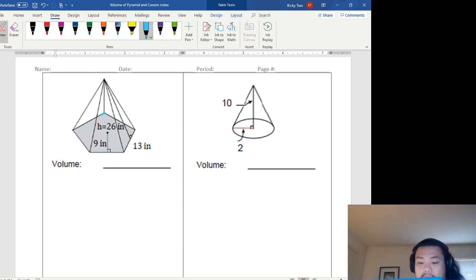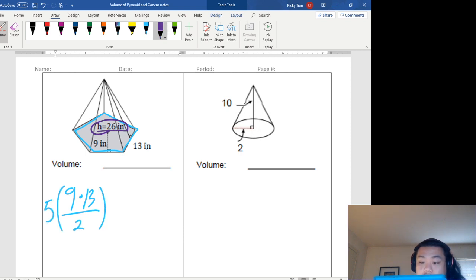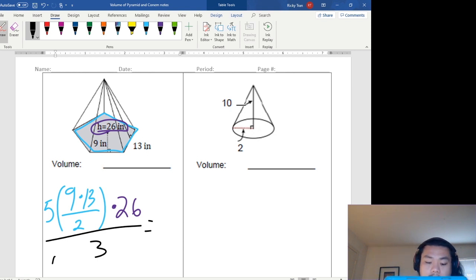Let's do this. So we have our pentagon here. Our height is 26 inches. So we have 9 times 13 divided by 2 times 5. That's going to be multiplied by 26 and then divided by 3.